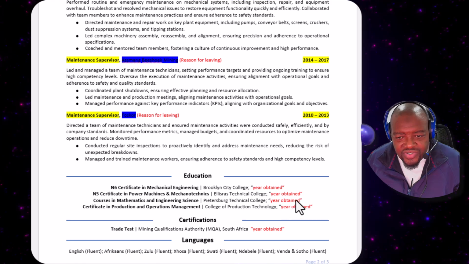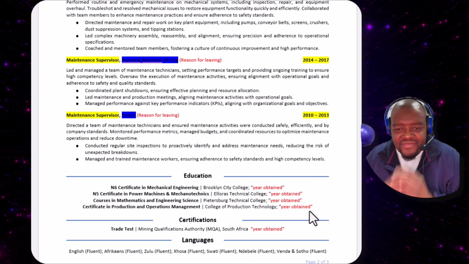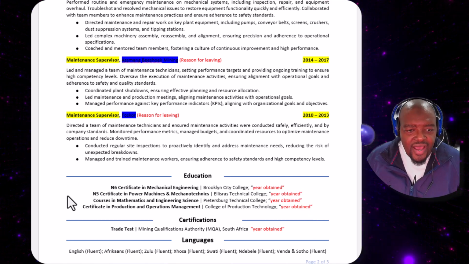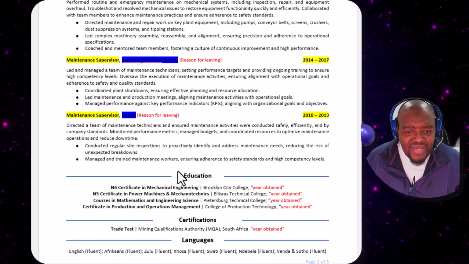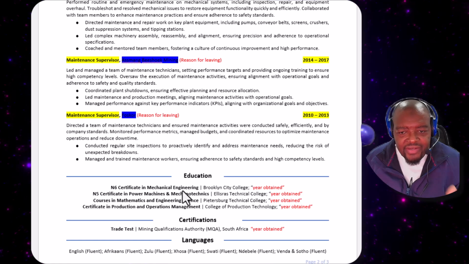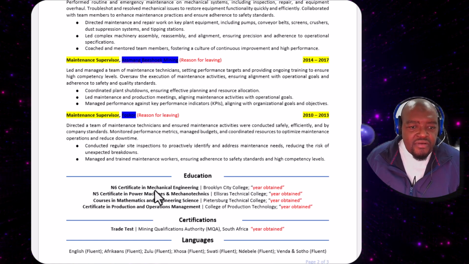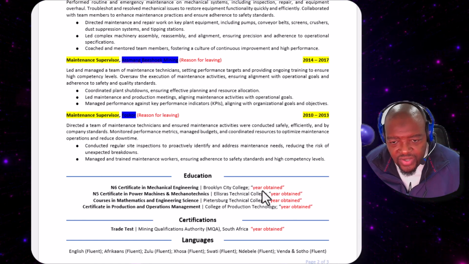We want to see this. I have said even in my previous videos that usually I have a table because I want to add maybe even major subjects. It's not a must, but even this way, it's fine. You must just add when this was obtained.